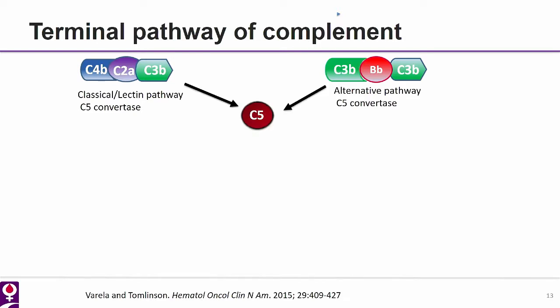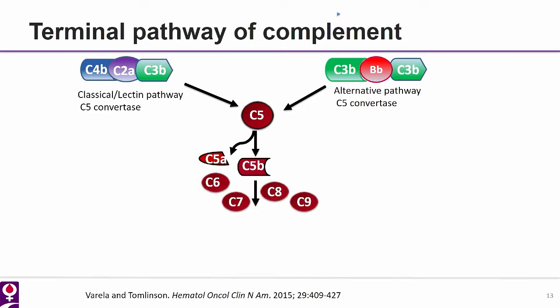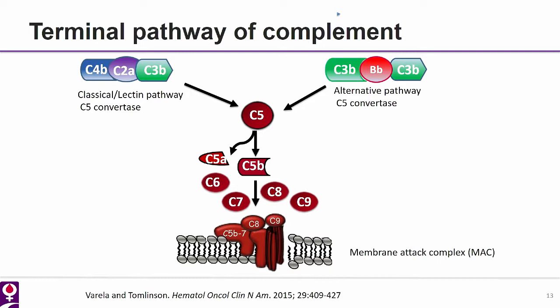They act on the C5 component of the complement and cleave it into C5a and C5b. Now C5b, with the help of other complement proteins C6, C7, C8, and C9, makes the membrane attack complex, which inserts lots of C9 molecules in the membrane and creates a pore so that lysis of the pathogen happens.